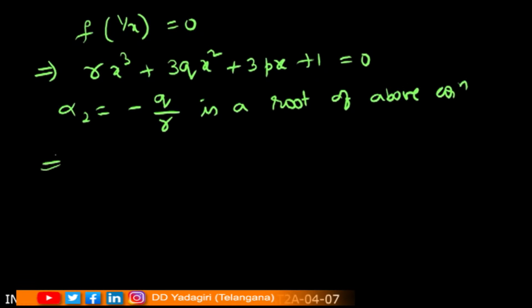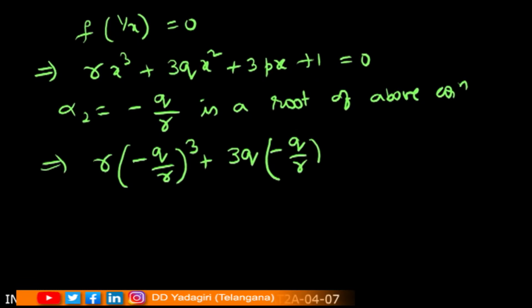So, what does this imply? You can substitute it here. r times (minus q by r) cube plus 3q times (minus q by r) whole square plus 3p into (minus q by r) plus 1 is equal to 0. This will satisfy this equation, isn't it?